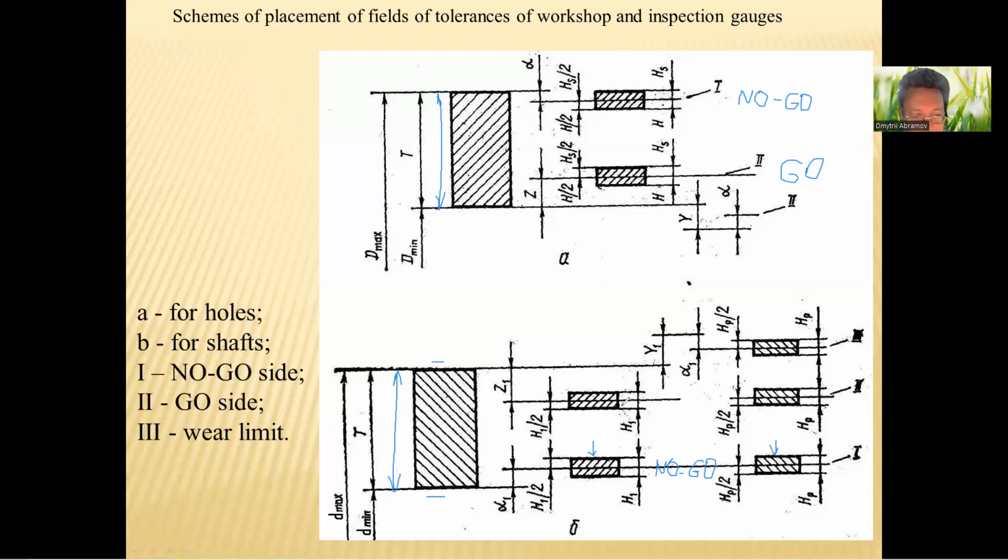Go side. Its tolerance field of the go side of workshop gauge to control the shaft, and tolerance field of inspection gauge of its go side.